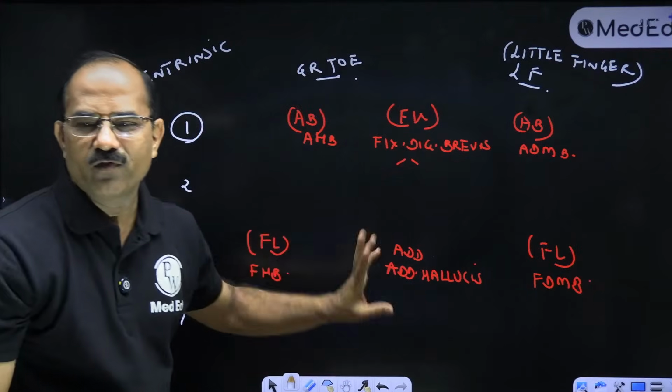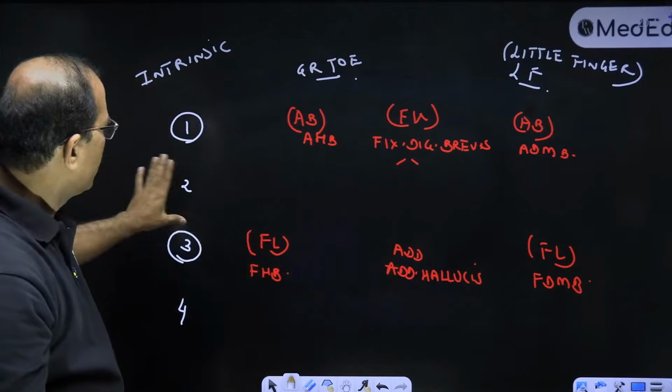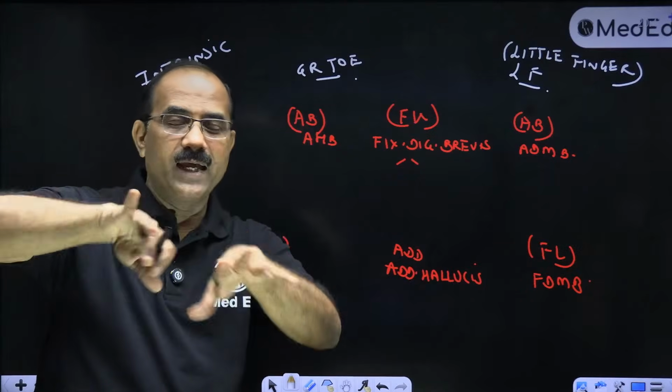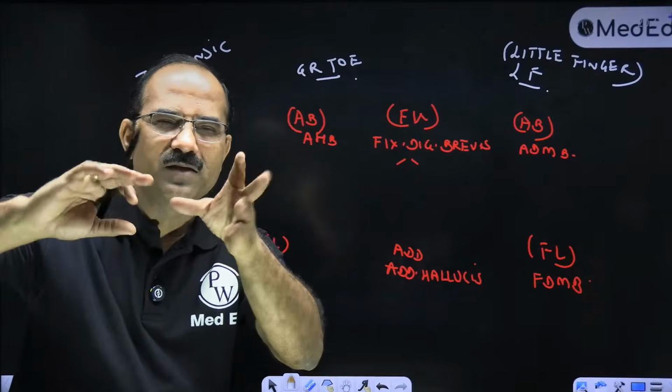Now in the second and fourth layers, the muscles come from the leg. These are mixed, intrinsic and extrinsic.